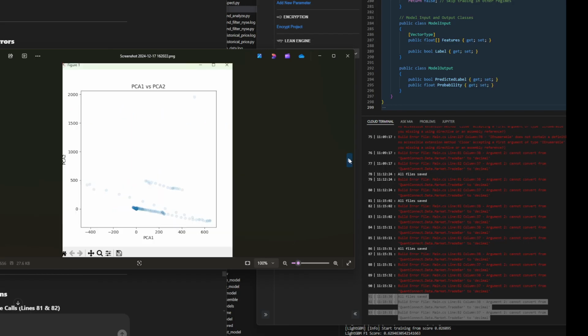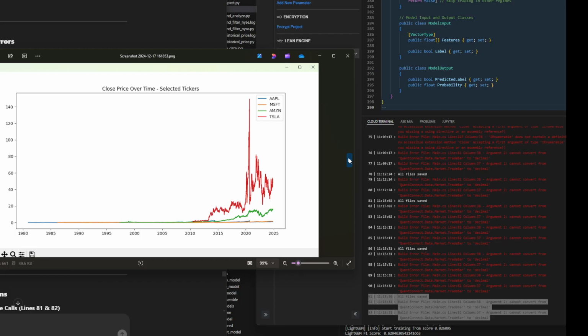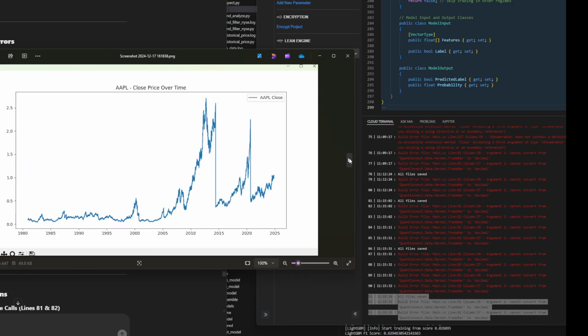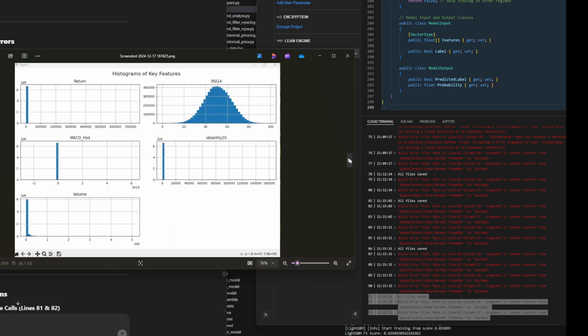PCA 1 versus PCA 2. Return distribution, inliers versus outliers. Close price over time, selected tickers: Apple, Microsoft, Amazon, Tesla. Apple RSI 14 over time. Apple close price over time. Correlation matrix. Histogram of key features.